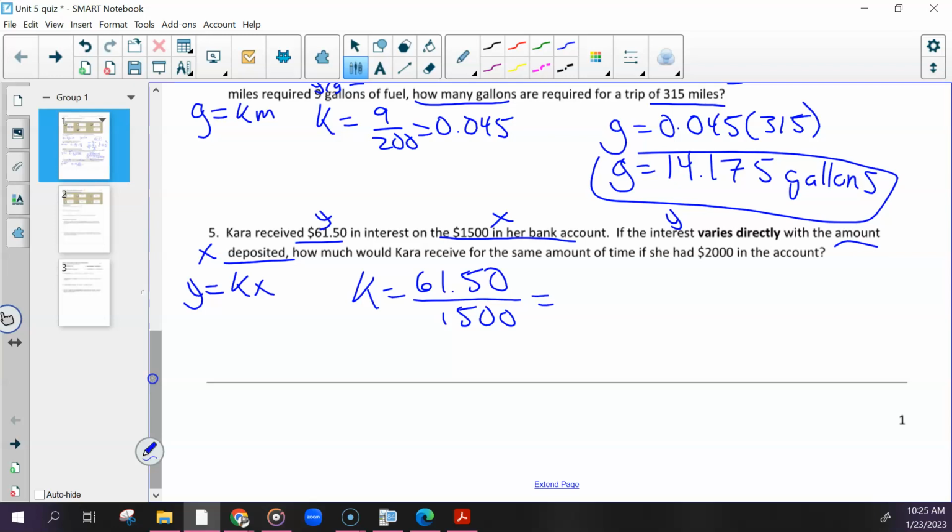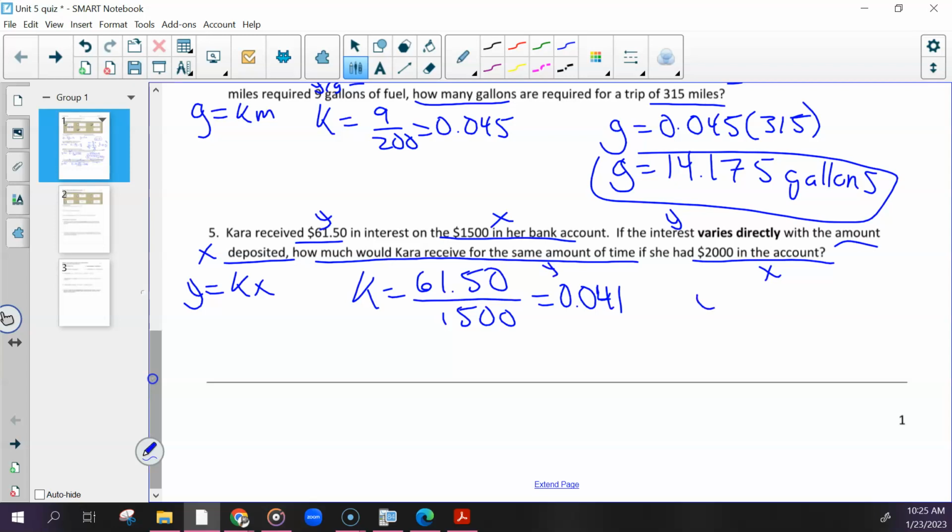You did need to simplify this and not leave it like this because we have a decimal inside of a fraction. 0.041 is what that should be. Then you could use that. It's looking for the same amount of time, interest-wise, if she had 2,000 in her account.